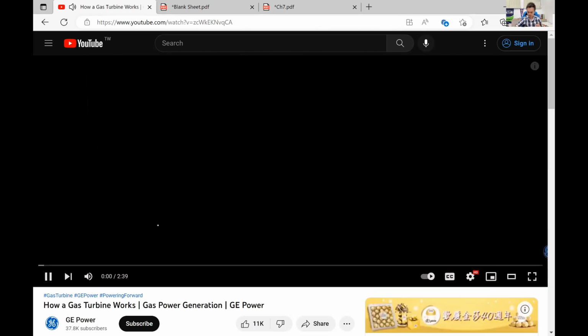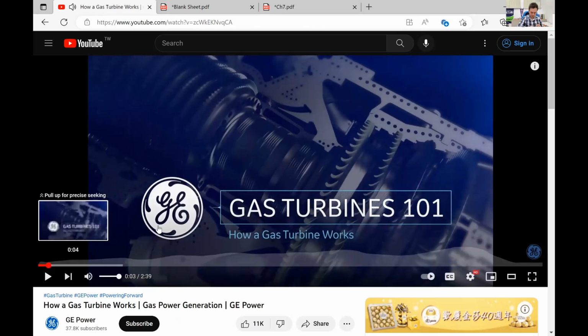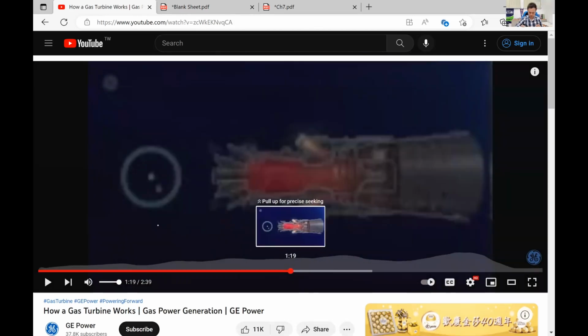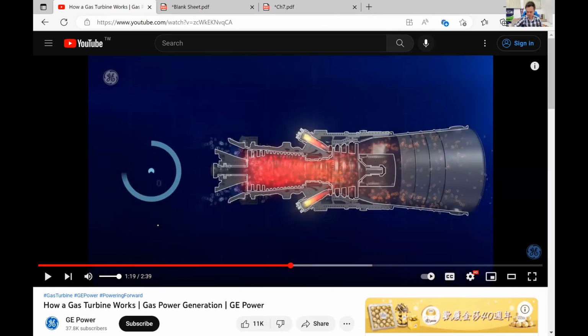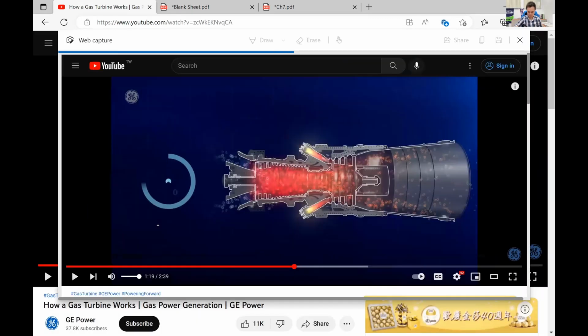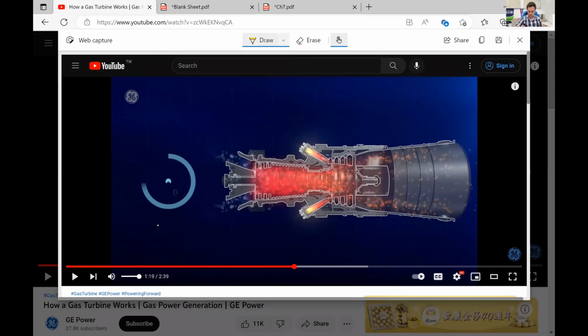I can stop this. Okay. All right. So let's go to here. Okay. So this is the compression process. This section is the compression process, and this section is the heat addition process.